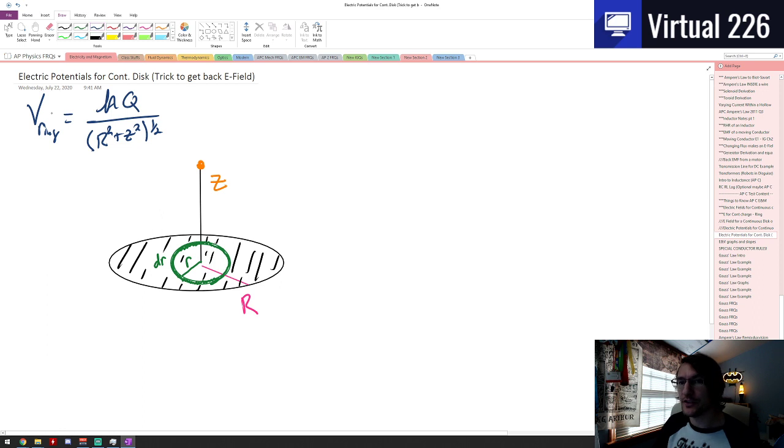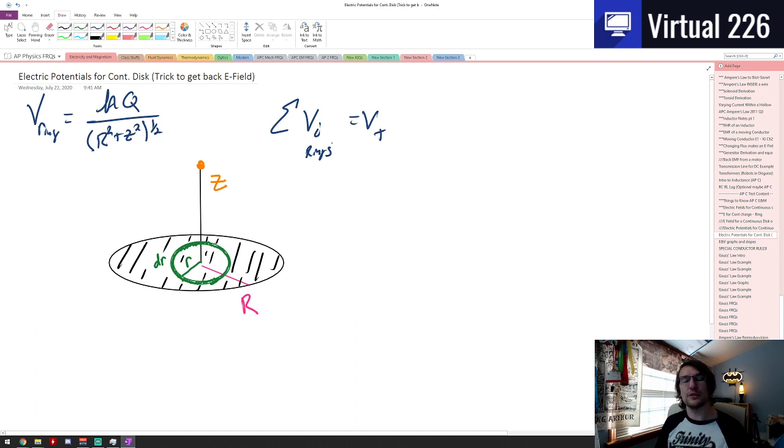And since voltages are scalars, if I simply add up all of the voltages of these individual rings, I'm going to get the total voltage, which will be the voltage of the entire continuous disk.